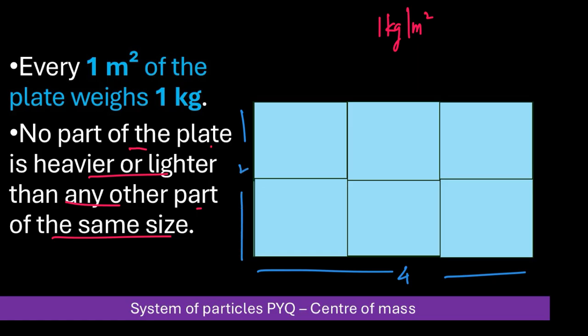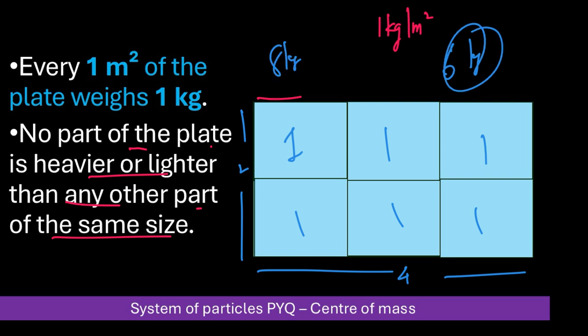Will it be? No. Why? Because the diagram here also becomes a bit confusing, right? Oh, my bad. I should have opted for a proper rectangle. Okay, so what I was trying to convey here is, if this is 1 kilogram per meter square, this will be 1 plus 1 plus 1 plus 1, which will give you only 6 kilograms. But the total weight here is 8 kilogram. So such a division of mass is not possible here.